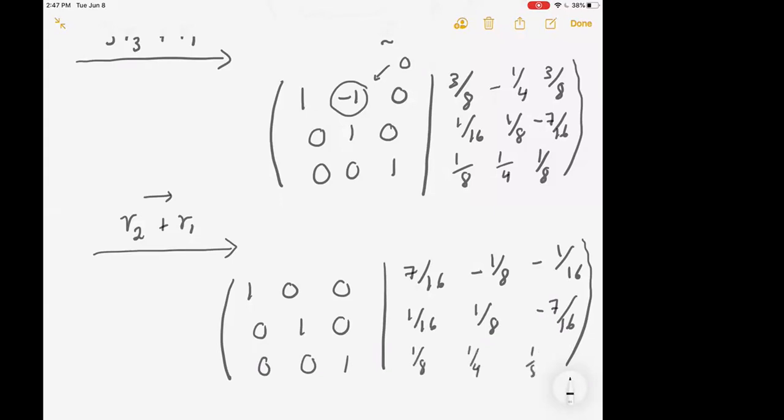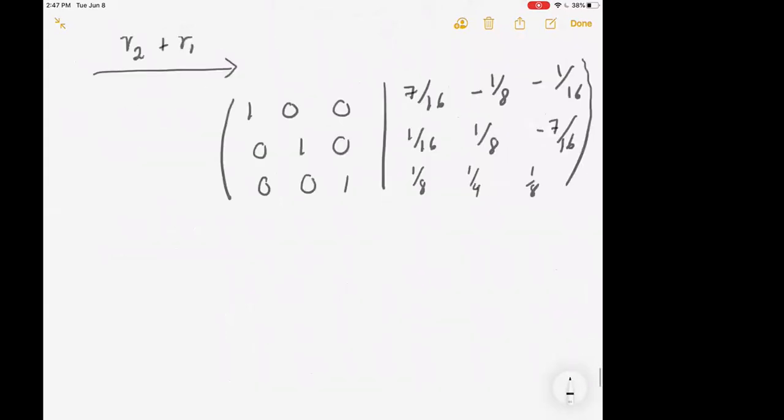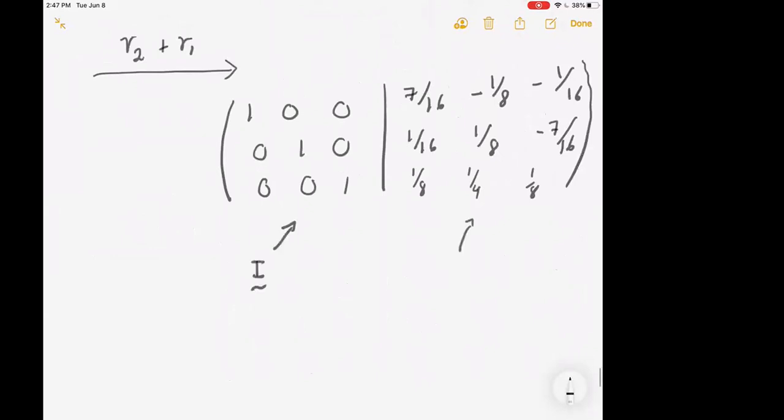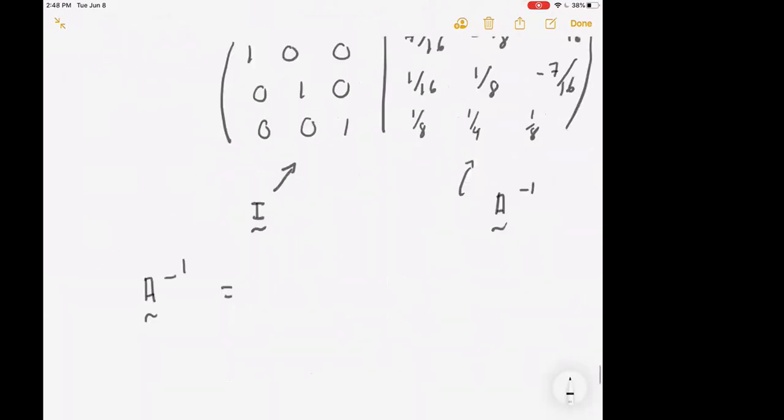So what this process tells us is that I have to the left of this vertical bar the identity matrix. So what's to the right of the vertical bar? This thing must be the inverse of A. And just let's write it out. First row looks like this.